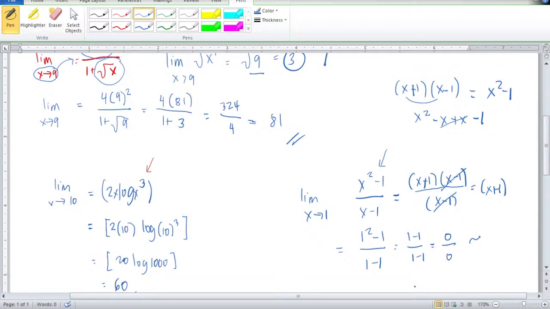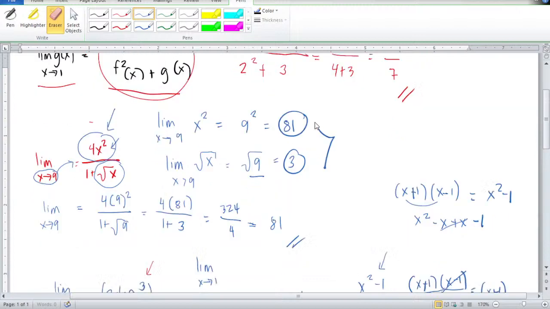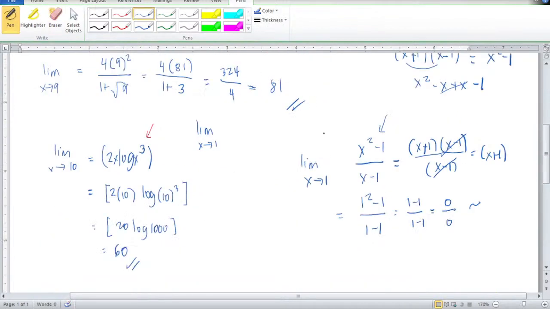So our equation will be simplified into the limit of x plus 1.